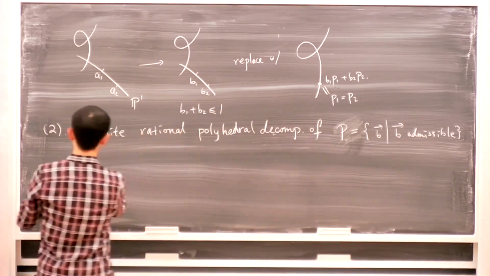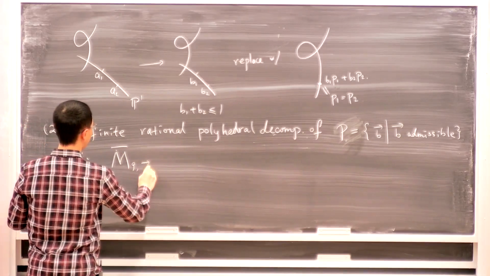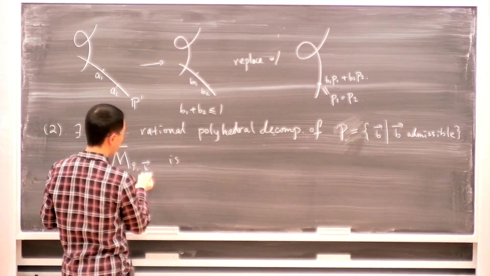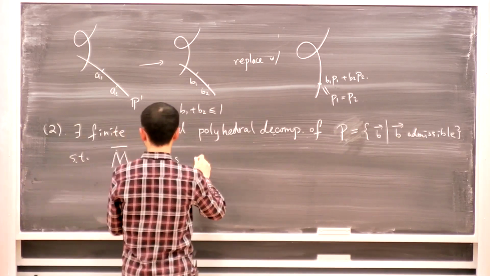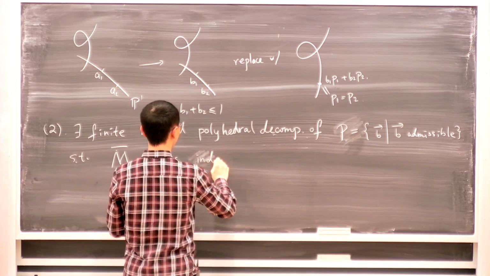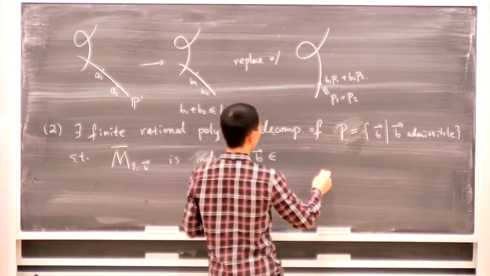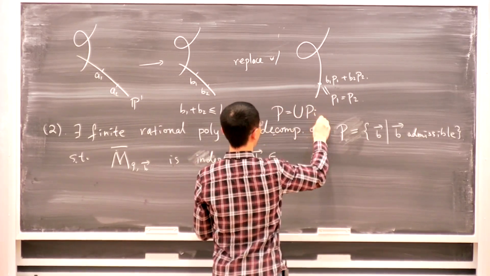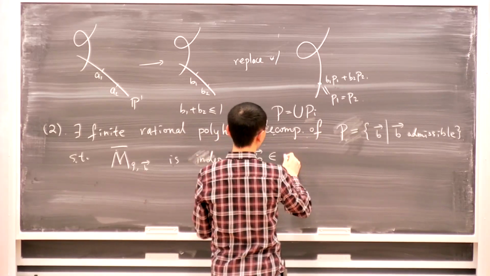Such that this moduli space stays the same if you choose the weight in the same open chamber. It's independent of B whenever. So let's say this decomposition is like this, where the Pi are the polytopes.